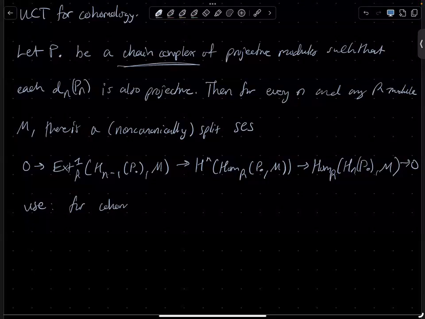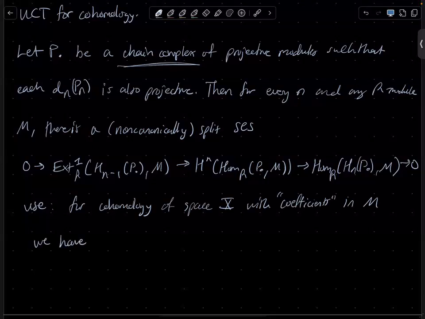For cohomology of a space X with coefficients in M, we have, so the splitting of the short exact sequence gives us this isomorphism.